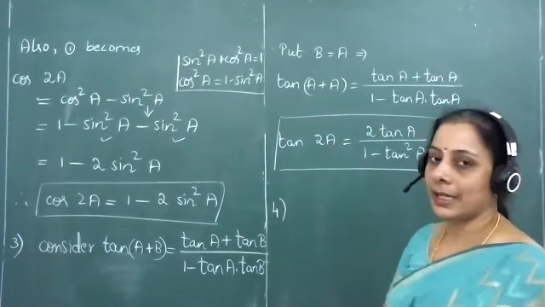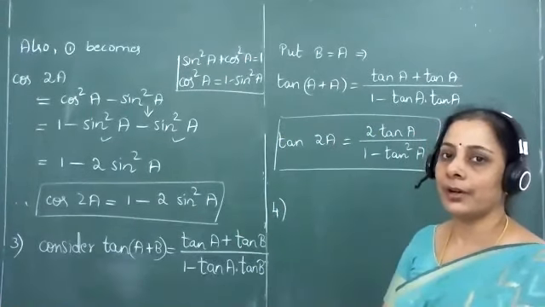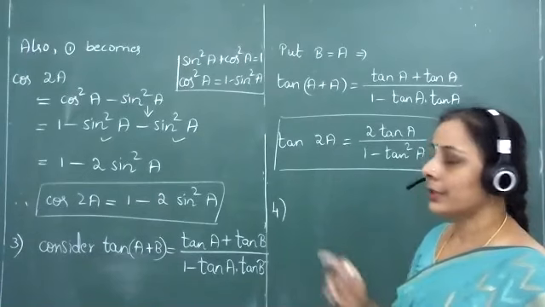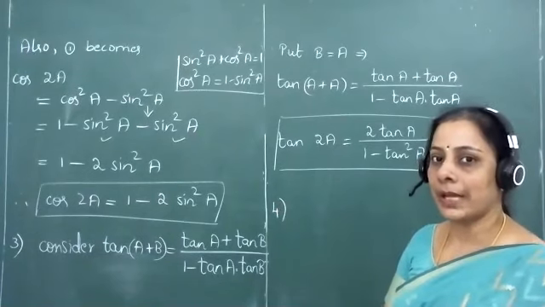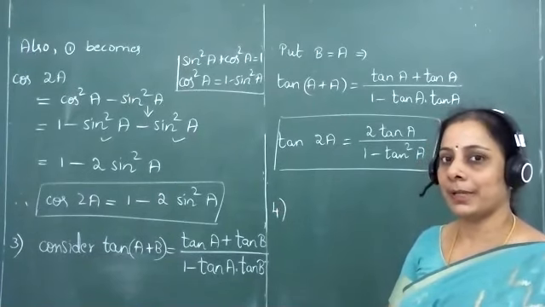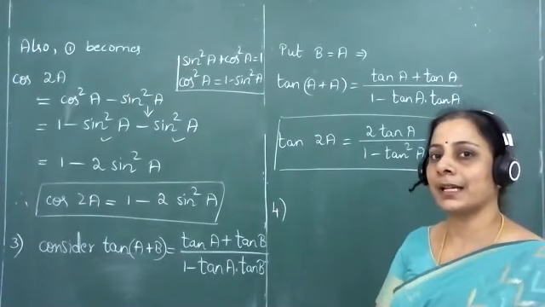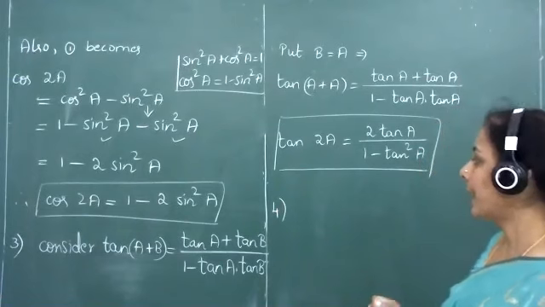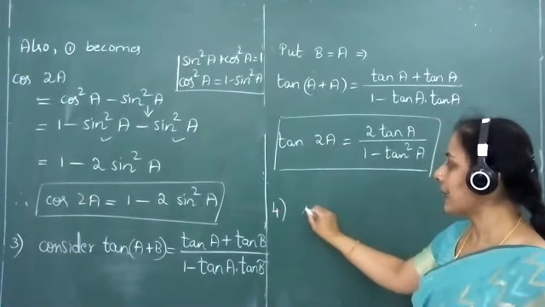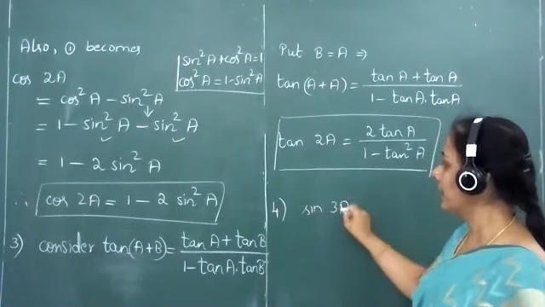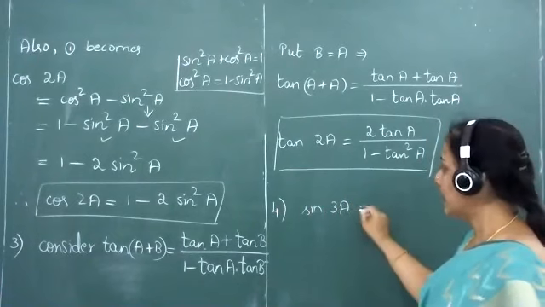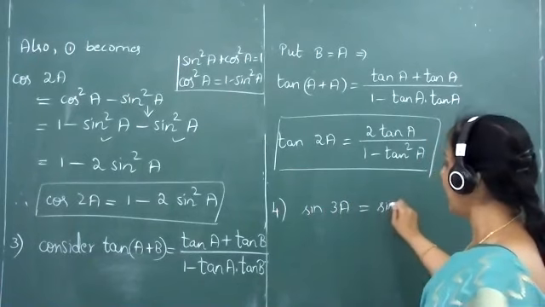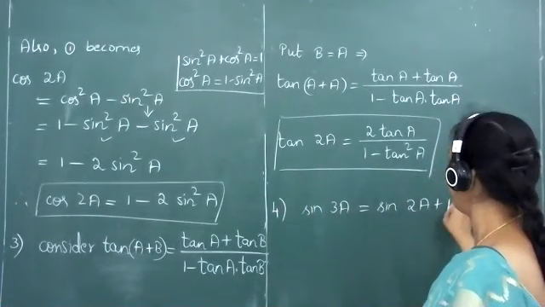So how does one derive the formula for sin 3a? To get the formula for sin 2a, we have used sin of a plus b and we replaced the angle b equal to angle a. Similarly, to find the expression for sin 3a, we will be splitting this angle 3a as 2a plus a.